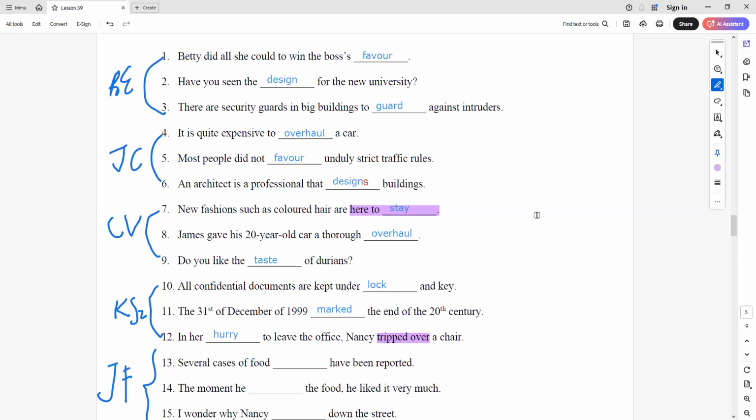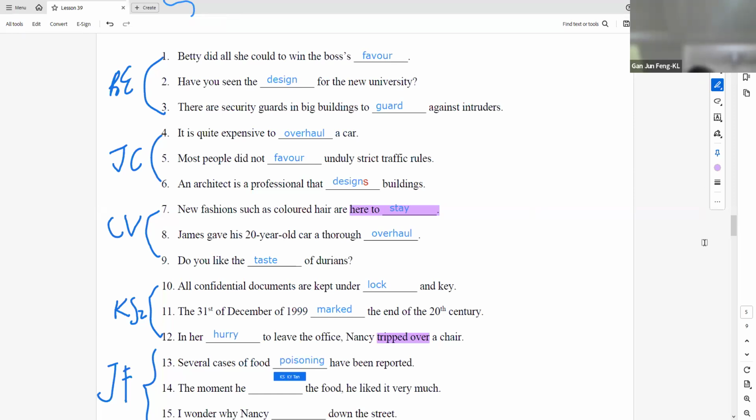Junfeng? Several cases of food poisoning have been reported. Yes, food poisoning. Okay, 食物中毒。The moment he tasted the food, he liked it very much. I wonder why Nancy hurried down the street. Yes, okay, hurry down the street. I wonder why Nancy hurried down the street.